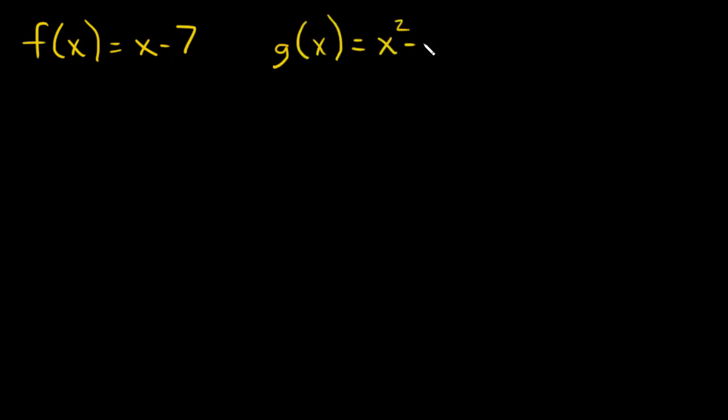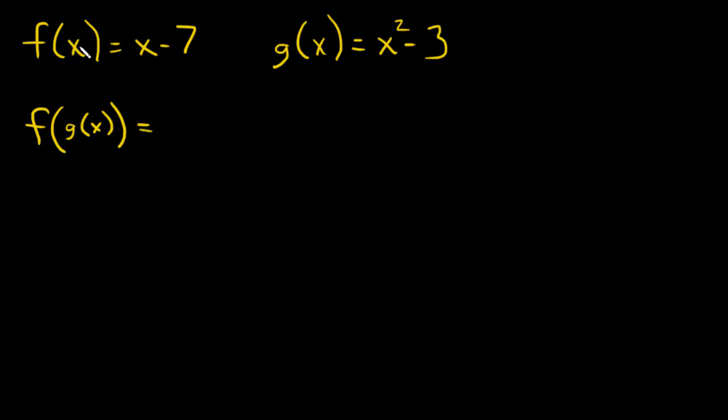Okay, so let's try f of x is equal to x minus 7, and g of x is going to equal x squared minus 3. Okay? Now, we're going to go straight in. What would f of g of x give me?